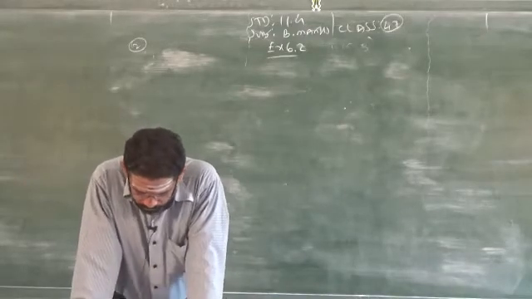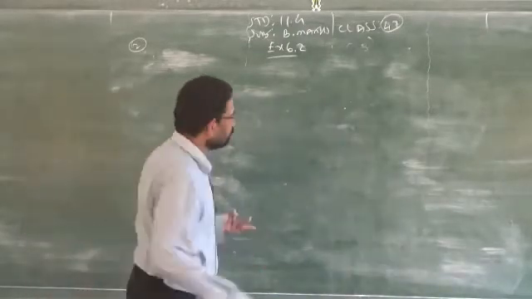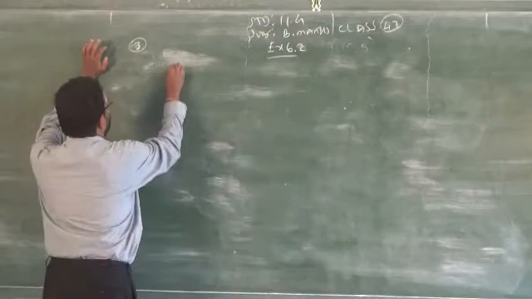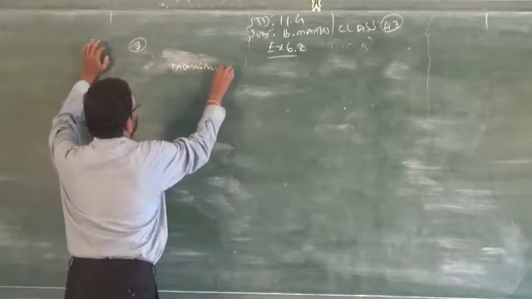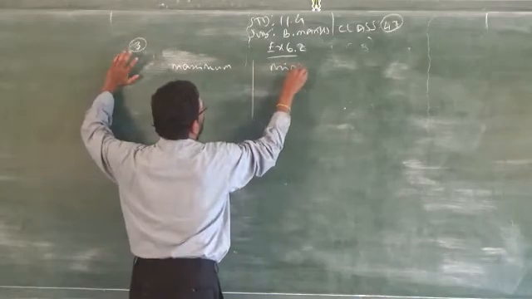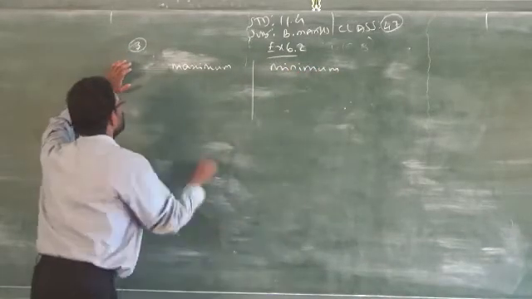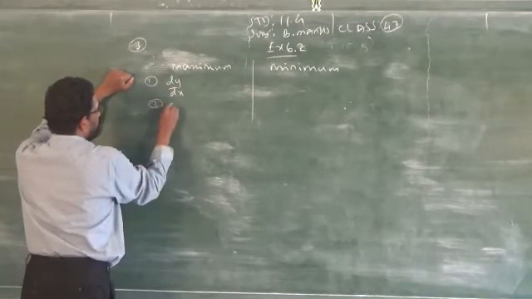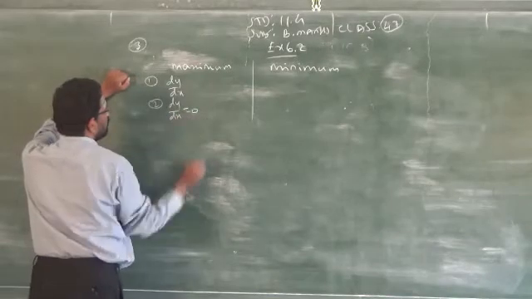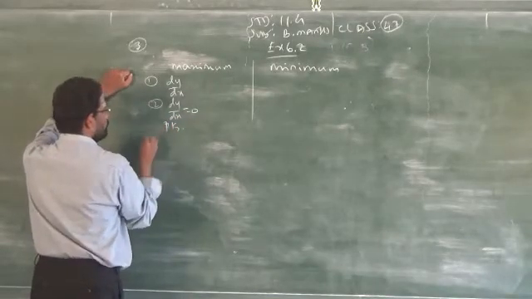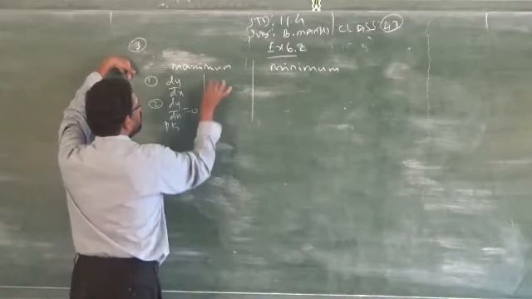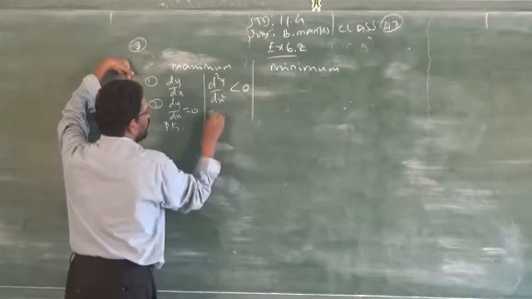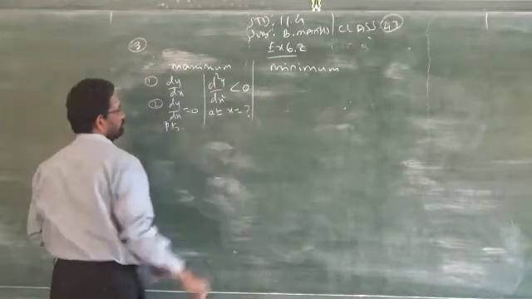Now we will go to the sum on maximum profit. Sum number 3. To find the maximum and minimum, we have some rules. First rule, take the first order derivative. Second rule, make the first order equal to 0 and find the points. Then the second order derivative: it is less than 0 at x equal to the points you find.